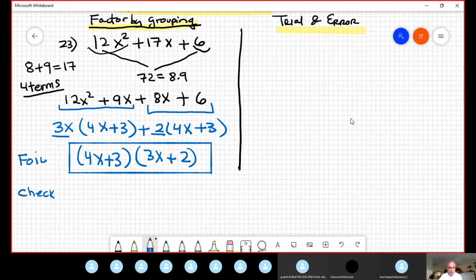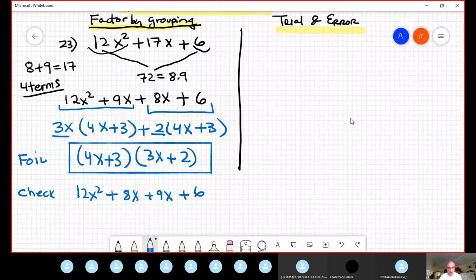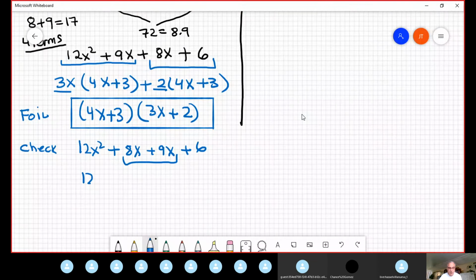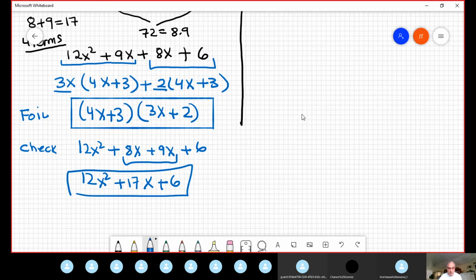You multiply 4x times 3x is 12x squared. 4x times 2 is 8x. 3 times 3x is 9x. And 3 times 2 is 6. When you combine like terms, we have 12x squared plus 17x plus 6. And we come back to the beginning. This is the first initial problem.